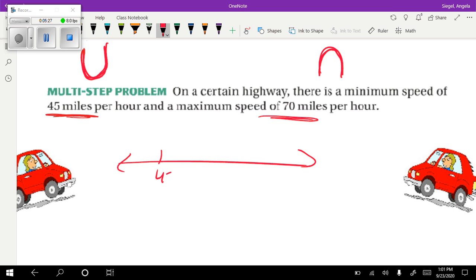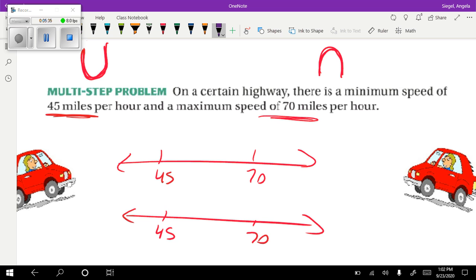I'm going to use 45 and 70 as my limits on both of them. Let's just start with the legal speed. Can I drive 45? Yes, so that's going to be a closed dot. Can I drive 70? Yes, that's going to be a closed dot as well. So anywhere in here that I can drive is going to be okay. I'm not going to get a ticket.